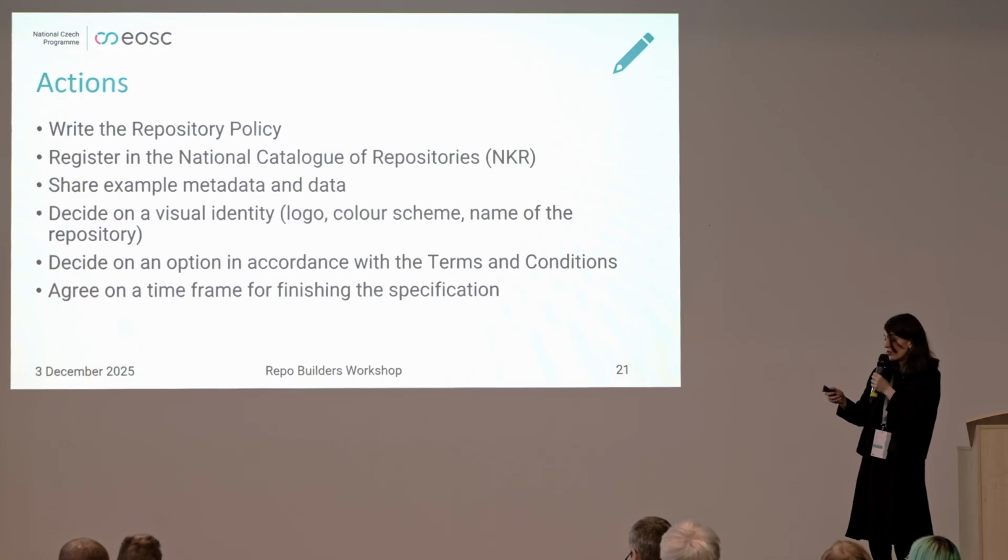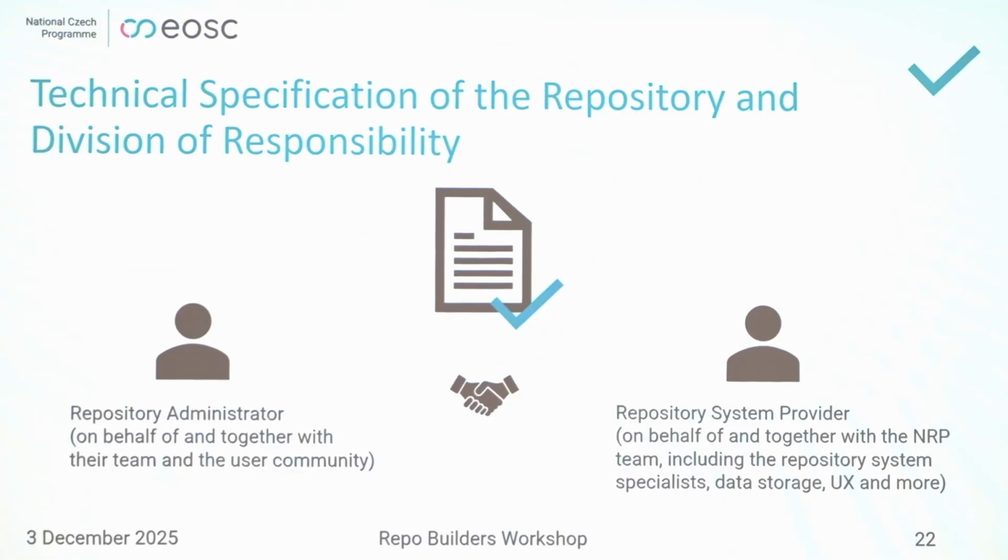And the final thing we'll do is we have a point where we agree bilaterally on the requirements of the repository, on what you actually are building. And this will happen.